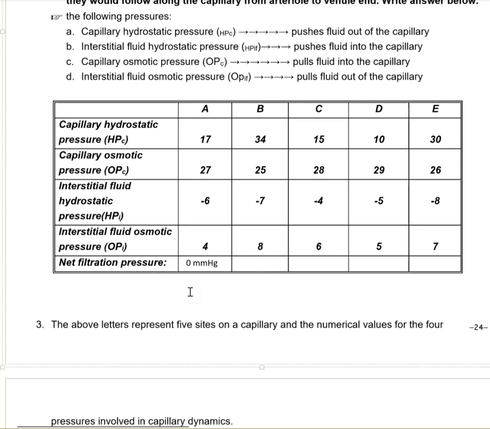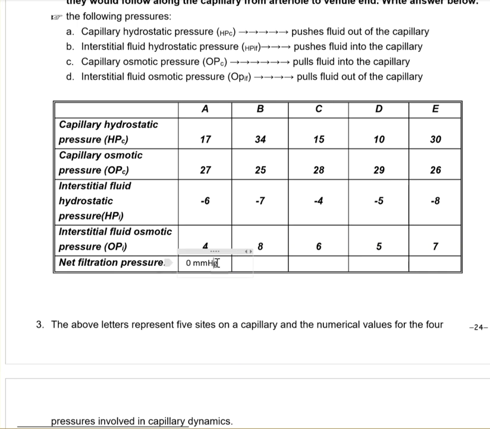And when you subtract a negative, it makes it positive. So 17 minus -6 is actually 23. We can't have negative pressures. And then we did 27 minus 4, which was 23. And 23 minus 23 is 0. Okay? So that's where we got that number.